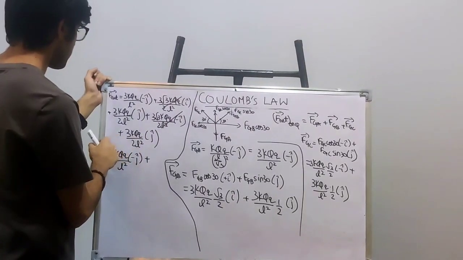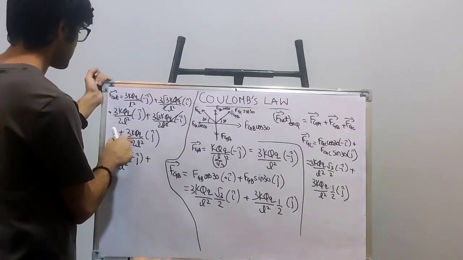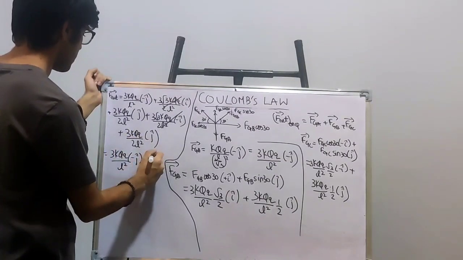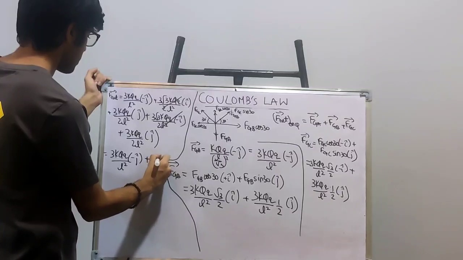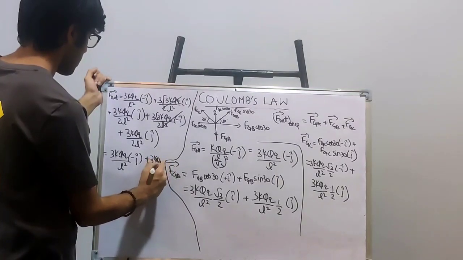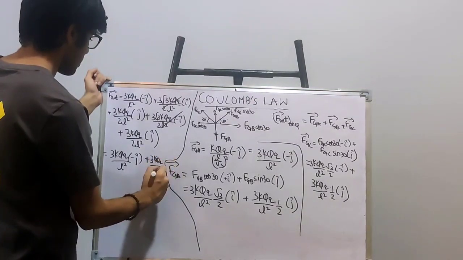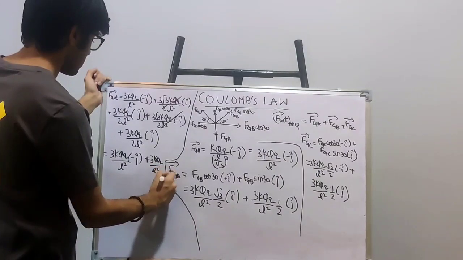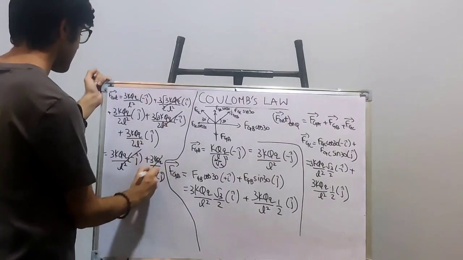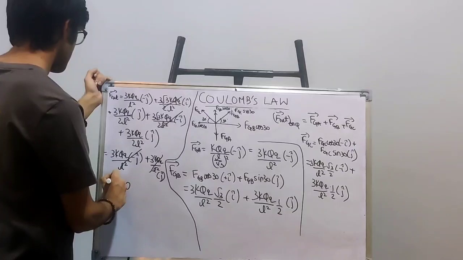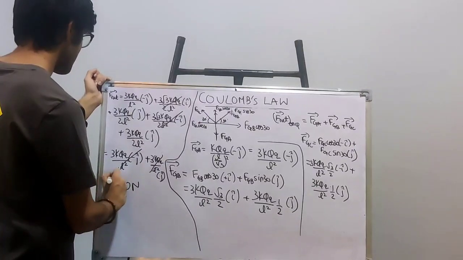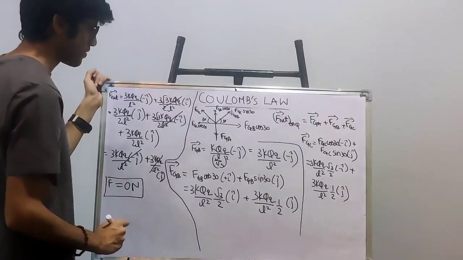So 3 plus 3 is 6, and 6 divided by 2 is 3 only. So 3KQq over L squared J cap. Again minus J cap plus J cap gets cancelled and you get 0. So the force is actually 0 newtons, and I'll tell you the reason for this.